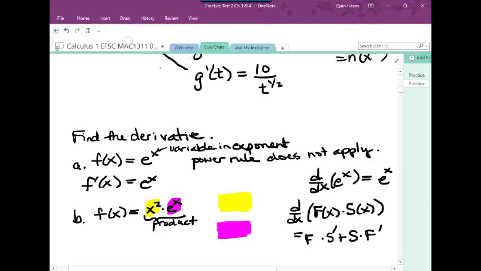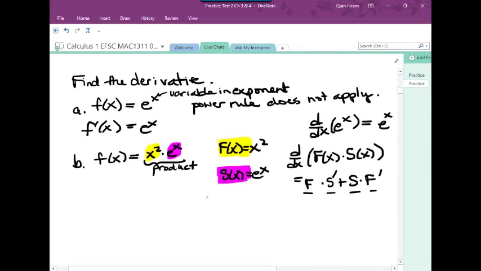So let's write that down. Capital F of x is referring to x squared, that's the first function, and e to the x is the second function. Okay, and so we're going to just use this rule. So in the process of using this rule, we're going to need the derivative of F and the derivative of S. So before we start trying to plug into the rule, let's go ahead and write down those derivatives.